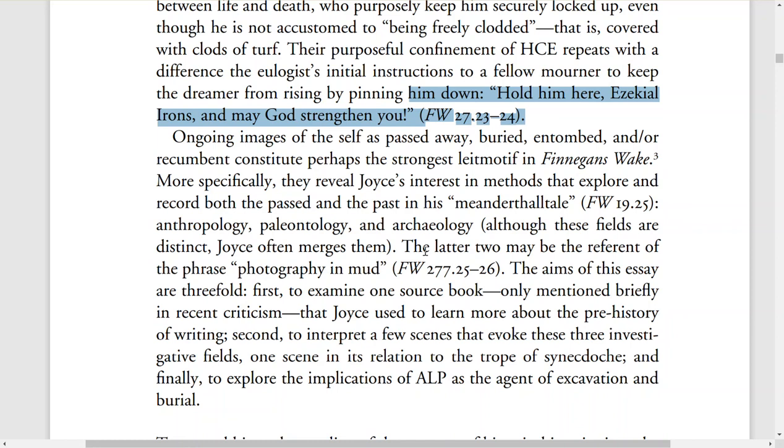More specifically, they reveal Joyce's interest in methods that explore the record, both the past and the past in his Neanderthal tale. That's the word Joyce creates. That's why it's so difficult to pronounce.